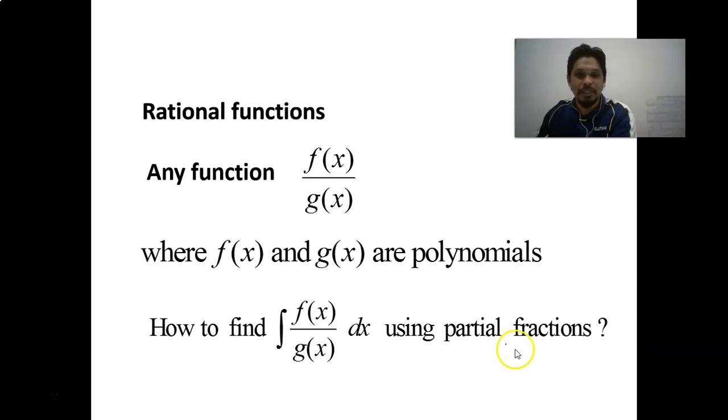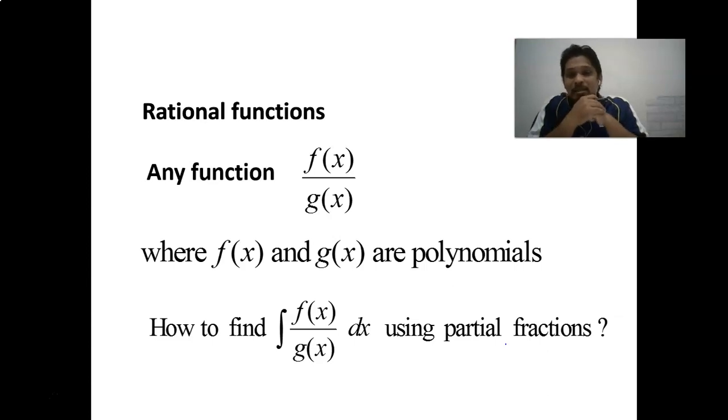Rational function. Okay, class. Do you still remember this? Please refresh our memories about this part in semester 1, which is chapter 5 or 6? Chapter 6, right?